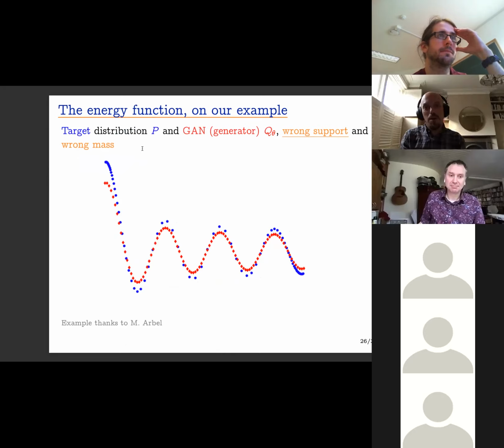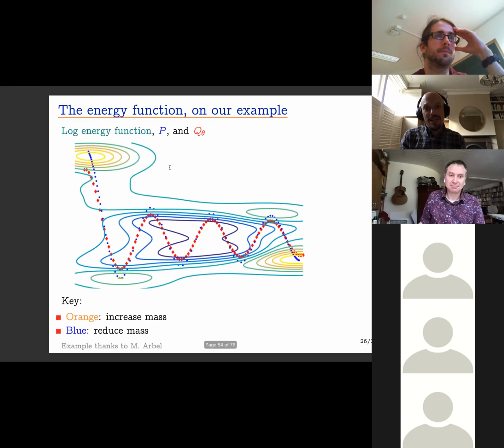Hopefully, though, it'll get the support reasonably close to where it should be. Now, in this case, the energy function is still defined over the whole space. And if I evaluate that energy function on the red, it's still going to tell me to put more mass towards the end and less mass towards the middle. So it's still going to improve my GAN sampler to get it closer to my target.